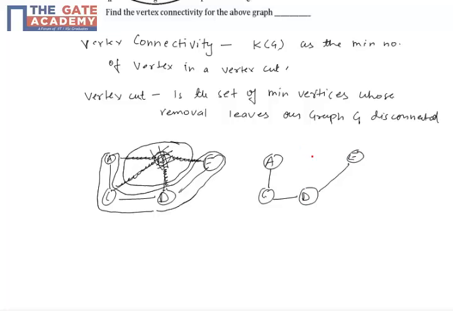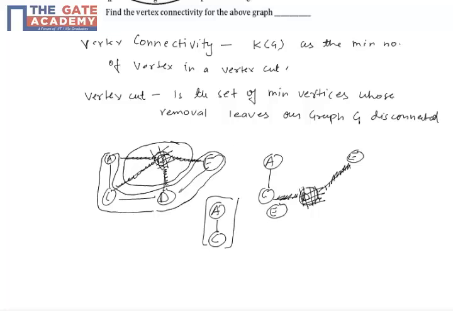So let's remove D. Removal of D will delete these edges also. Now let's see what is left to us. Now we are left only with A, C, and E. So now my graph is disconnected.